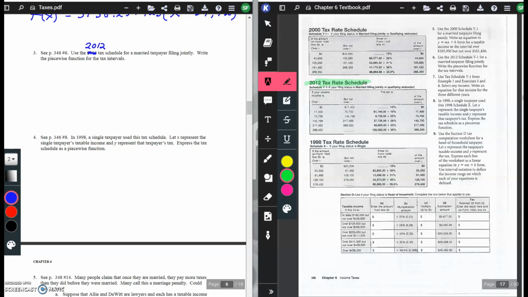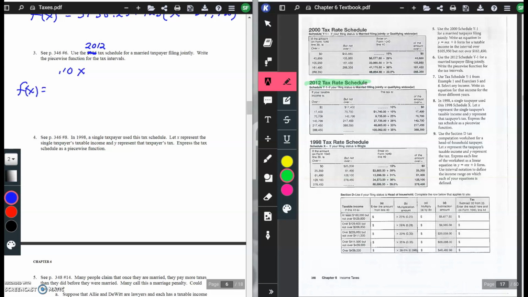Our first one is going to be 10% of your tax. We don't have a minimum tax here, so we don't need that part. So it's just going to be 10%, so 0.10x. 10% of your tax, no minimum tax for that one, and the amount over $0, so it doesn't change.